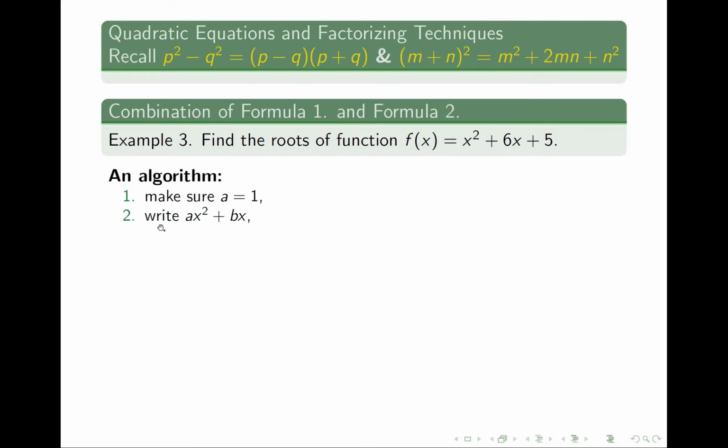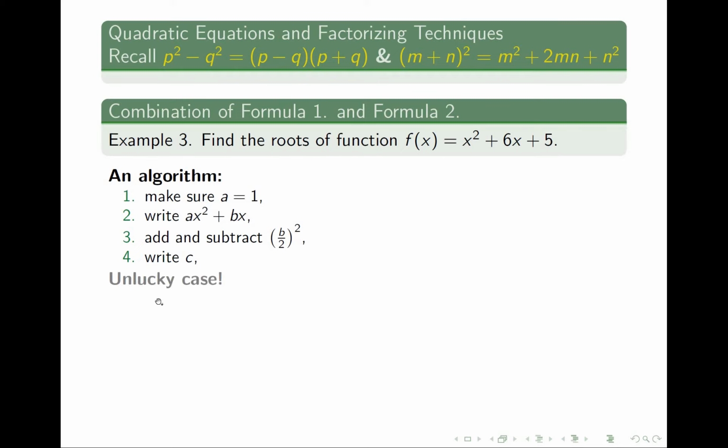And then we rewrite ax squared plus bx, which is these first two expressions, x squared plus 6x, and then we add and subtract (b divided by 2) squared, and then in step 4 we rewrite whatever is for c.